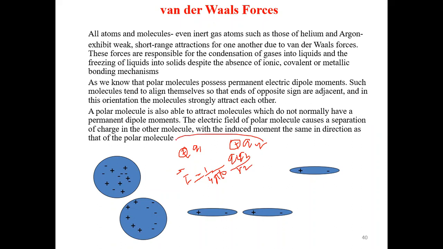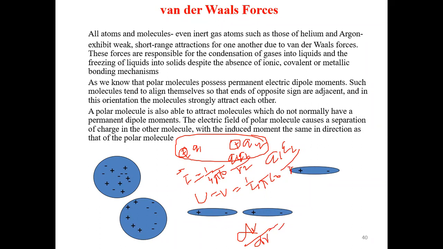Now when two charges are separated by some distance, there will be an electric potential as well. So electric potential U, or actually in this case I have expressed it by V, that must be equal to 1 by 4 pi epsilon naught Q1 Q2 by R. Now if you differentiate this one, dV dr, everything is constant, it will be differentiation of 1 by R. Differentiation of 1 by R is minus 1 by R square.